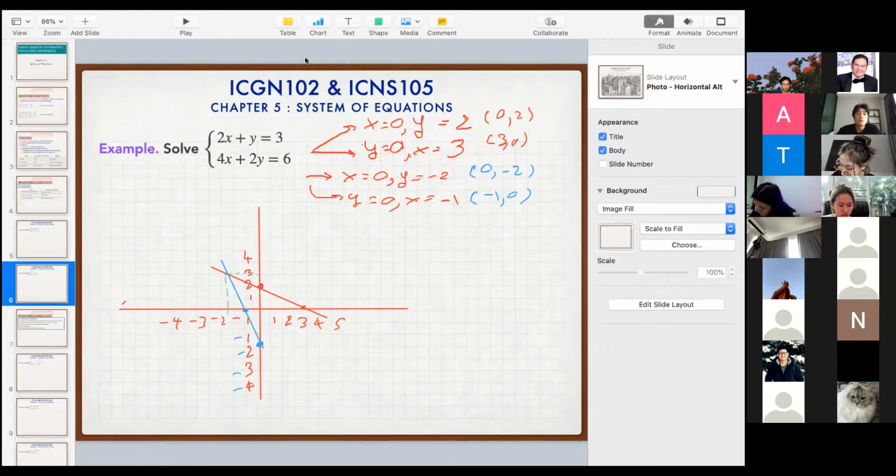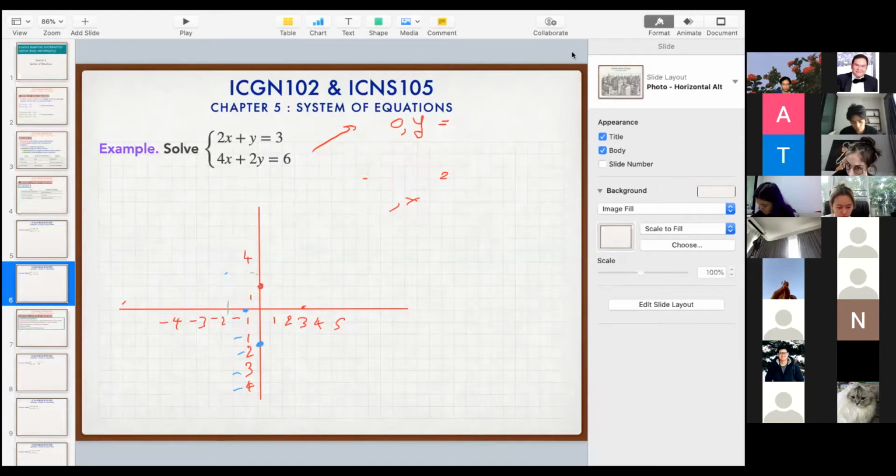After we have this one, for the next one we do the same thing to solve the problem. For the second system of equations, you can see that when we have 2x plus y equals 3, when x equals 0, y equals 3.